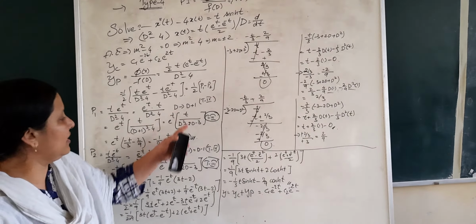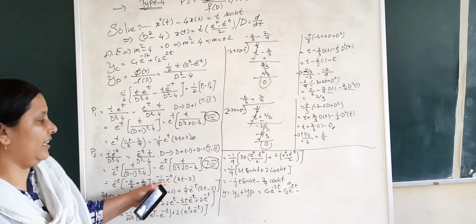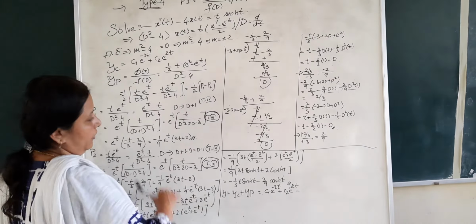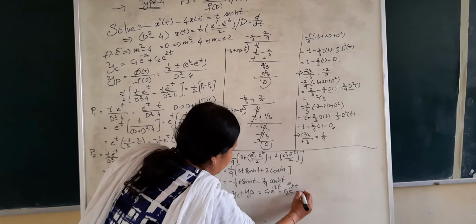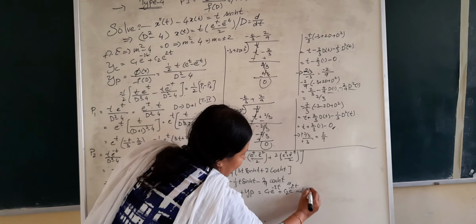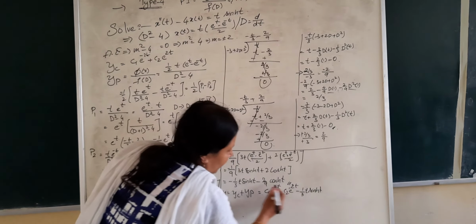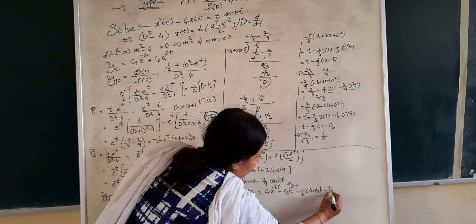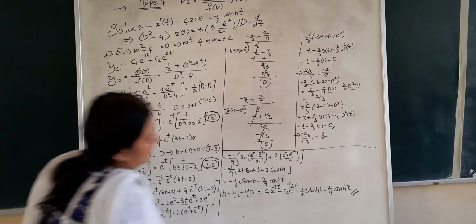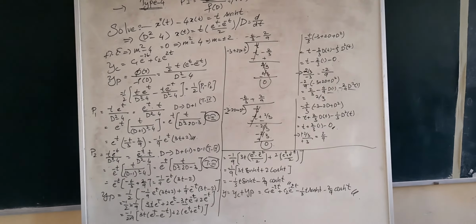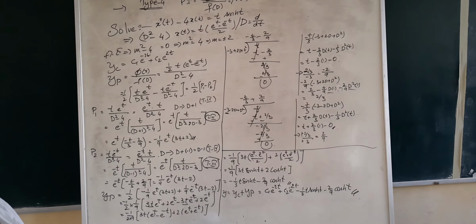You don't have to write this big one and this big one again and then merge and make a mess there because it's already simplified here. So write the simplified version of your yp, which is going to be minus 1 by 3 t sine ht minus 2 by 9 cos ht. This is the final solution, which is the general solution for the given differential equation.